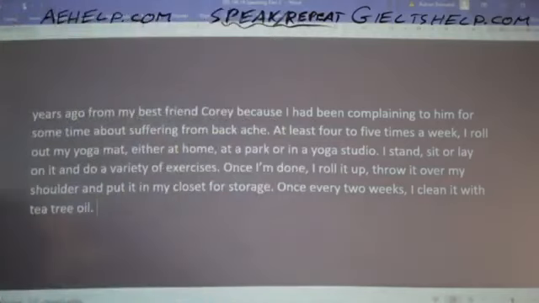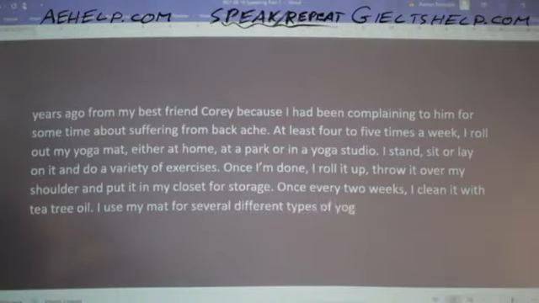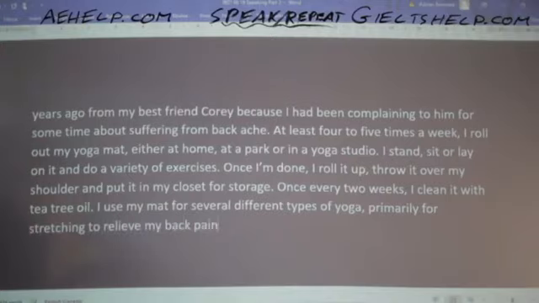I use my mat for several different types of yoga, primarily for stretching to relieve my back pain. I'm going to stop once, as soon as I feel limber.